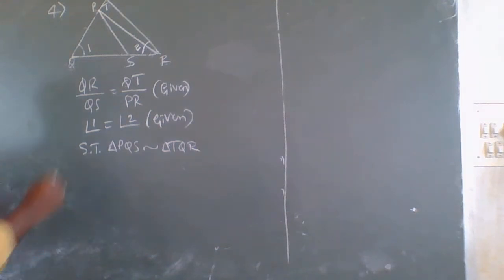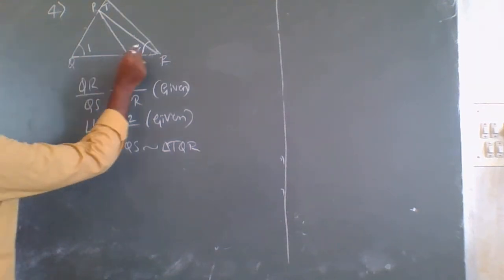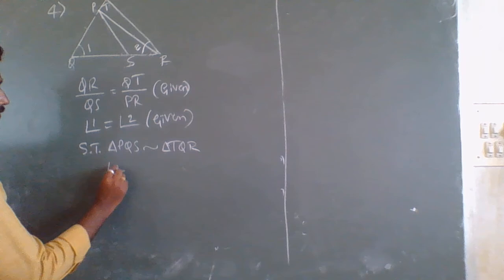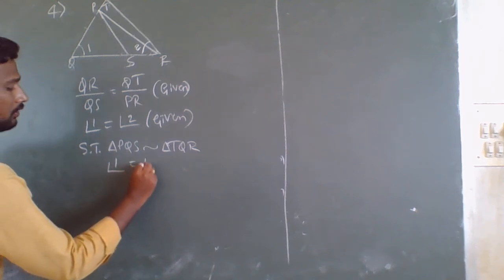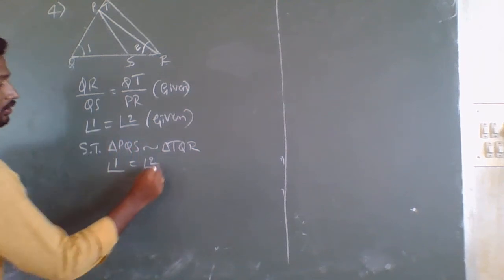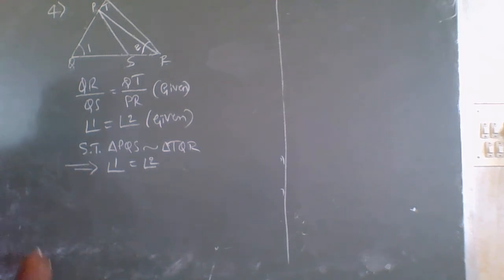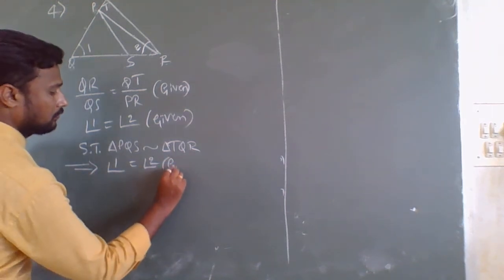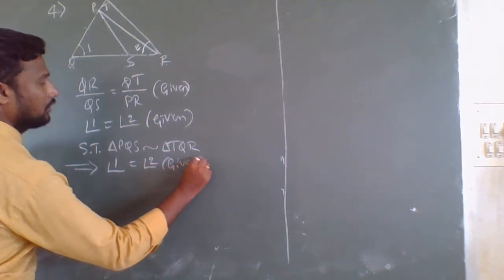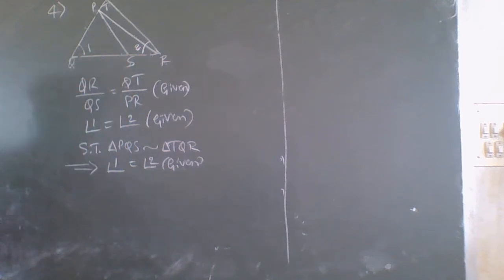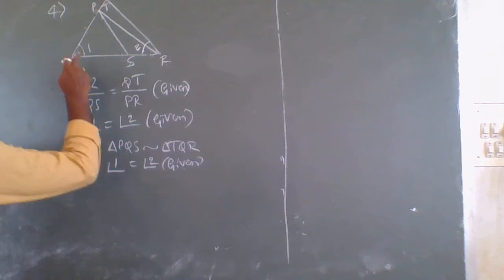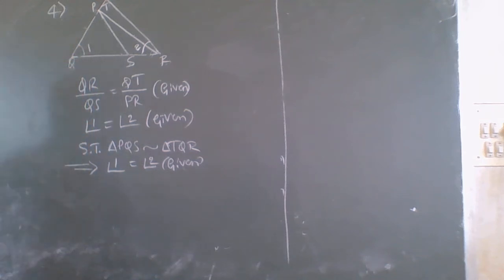See here, what we can do? Here angle 1 is equal to angle 2, given. If angle 1 is equal to angle 2, then the sides opposite to the equal angles will be equal.